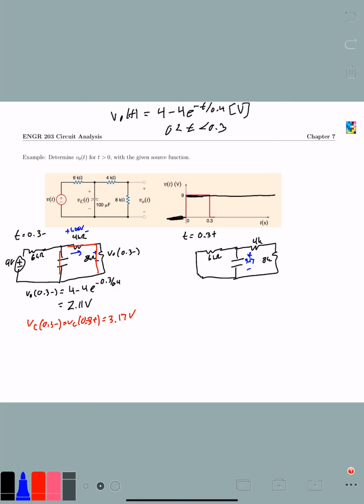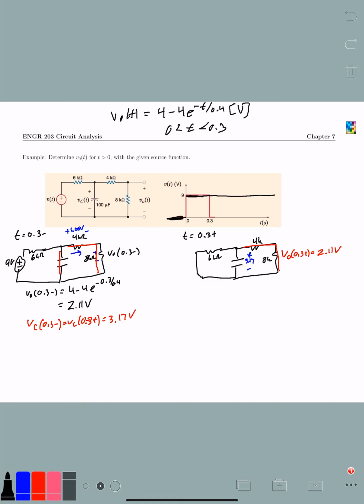And if I know it's 3.17, then I can think of that as a voltage divider across this part, and I can find my V0 of 0.3 plus. And if you just look at these two circuits here, it's going to work out the same numbers. It's going to be 2.11 volts. So we're good there.